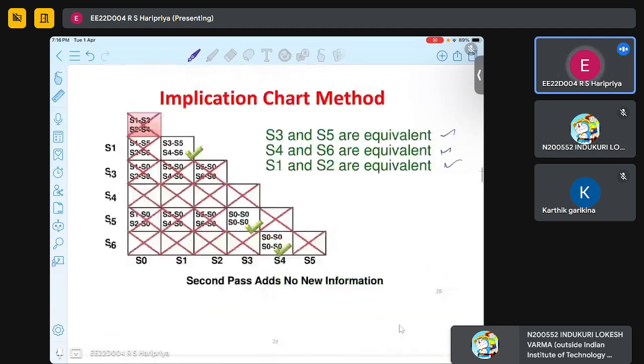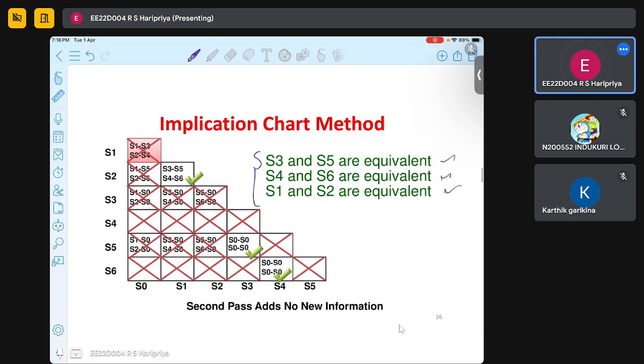So after similarly reducing, we get these three states as equivalent. In the state table, one of the states is enough, and the other states we can get. Is it clear now?